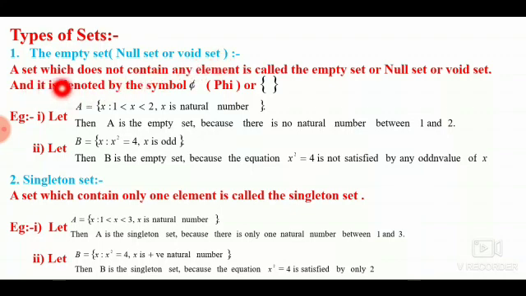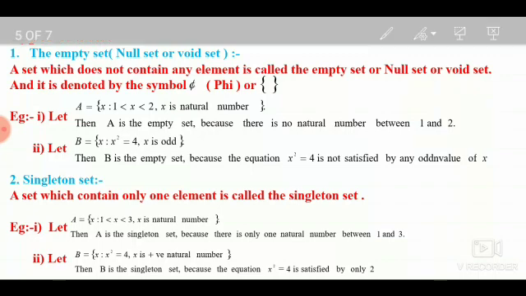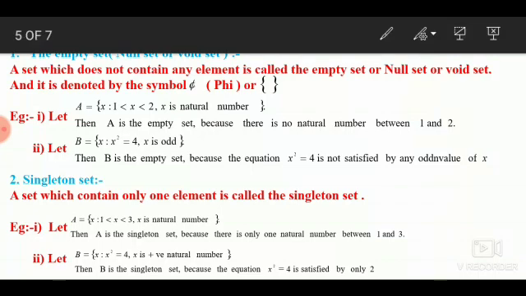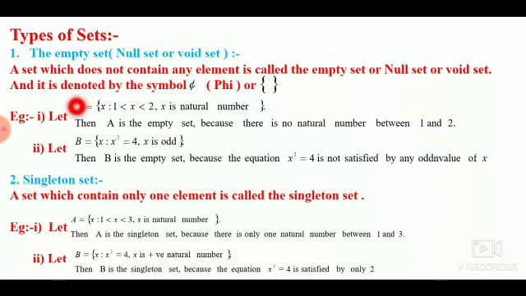Let me define it: a set which does not contain any element is called an empty set, a null set, or a void set, and it is denoted by the symbol phi, or by empty flower brackets.